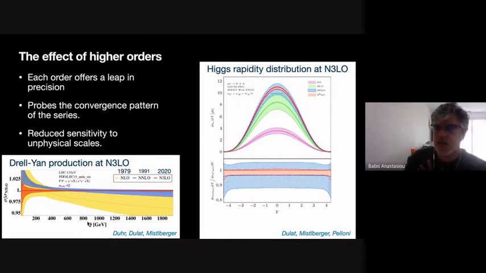And you see here the ratio of the cross-section at a specific order with respect to the final order that we have, N3LO. So 1 corresponds to the N3LO cross-section at a certain scale, which is the scale Q of the invariant mass of the lepton pair. And of course, you notice here that the reduction of the scale uncertainty is very large, and you can really talk about very precise physics at the highest order.